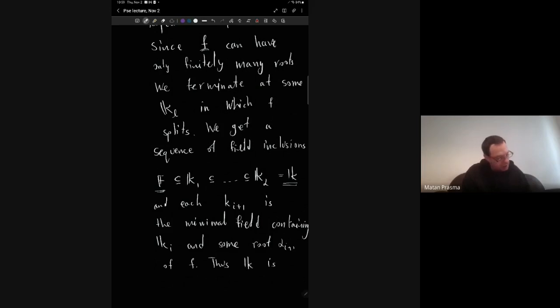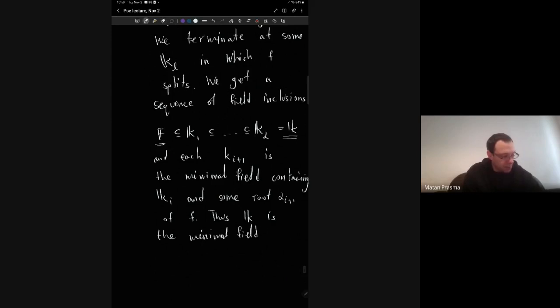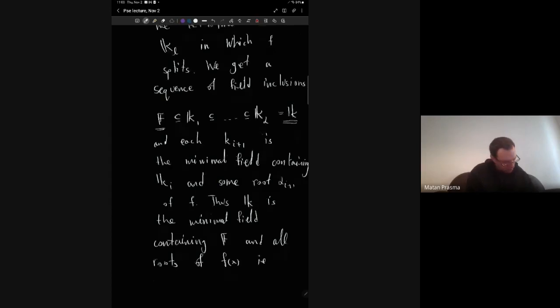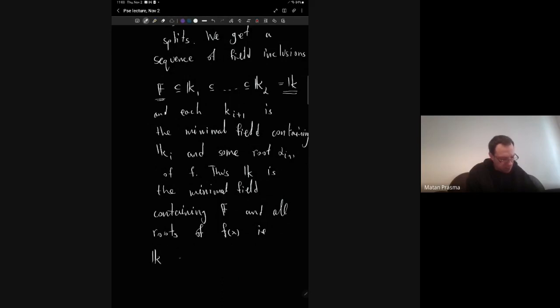K is the minimal field containing F and all roots of f, i.e. K is a splitting field for f.